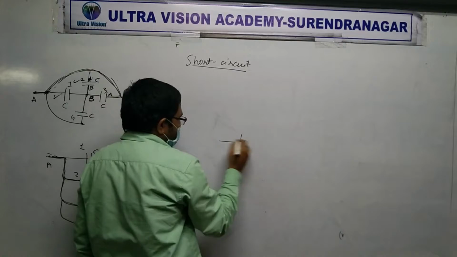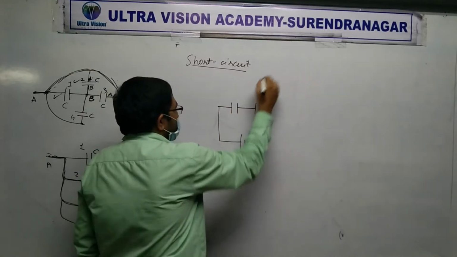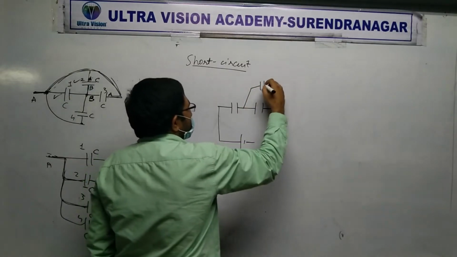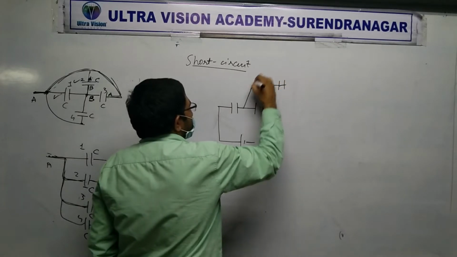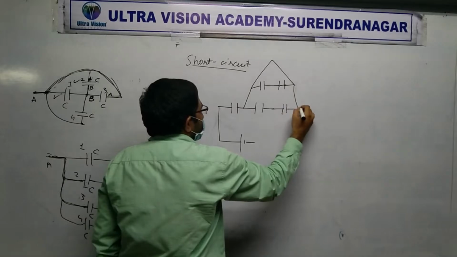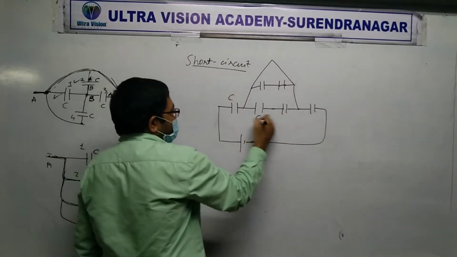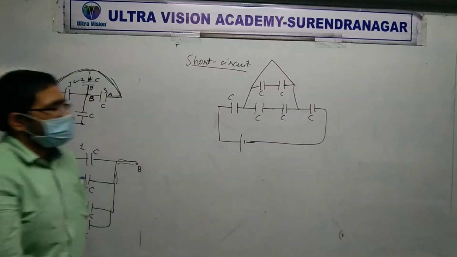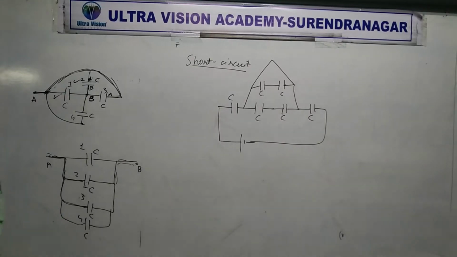Suppose someone says here is a battery, and we have wires like this, for example. Each capacitor is C. Then how much will be the equivalent capacitance?